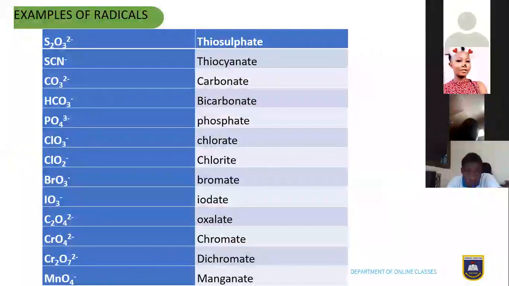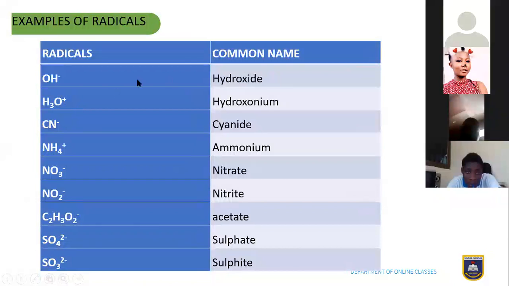These radicals, okay, so yeah, this one, the hydronium ion and ammonium can be referred to as complex cations because they are made up of more than one element. You have more than one element forming the cation. So the radicals are actually complex cations.